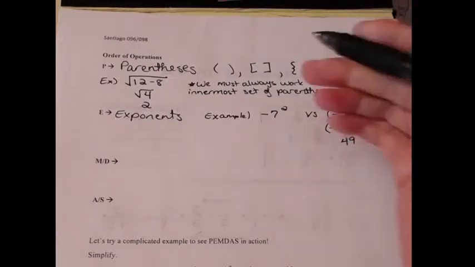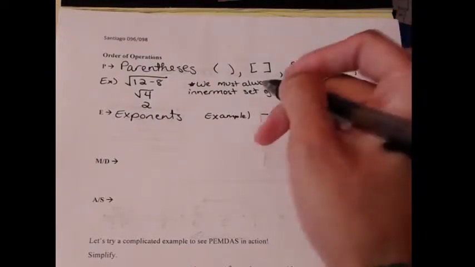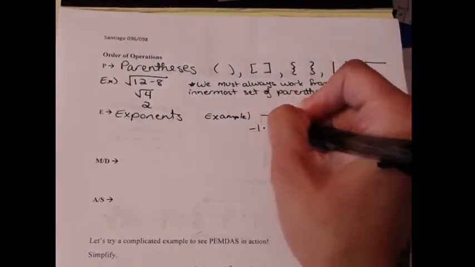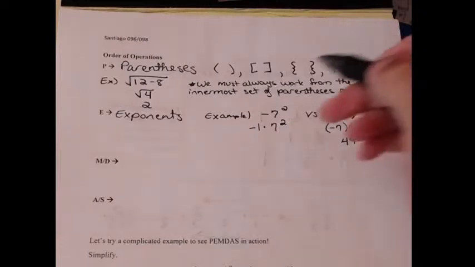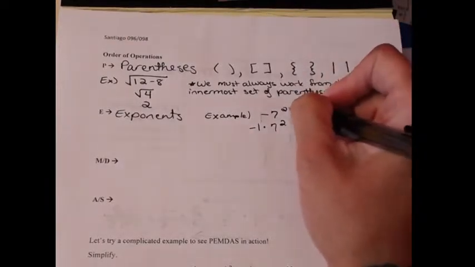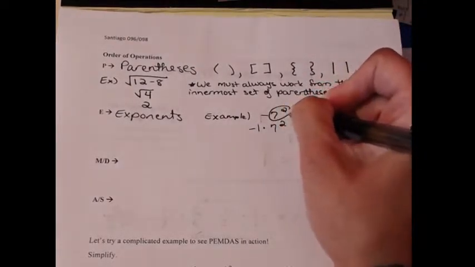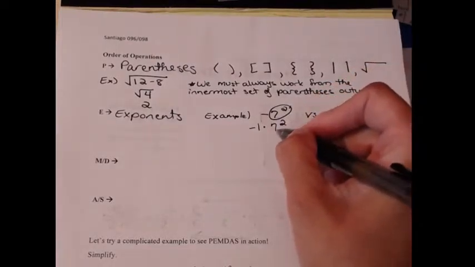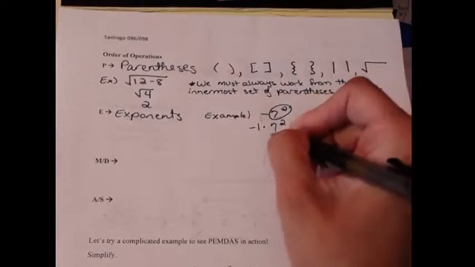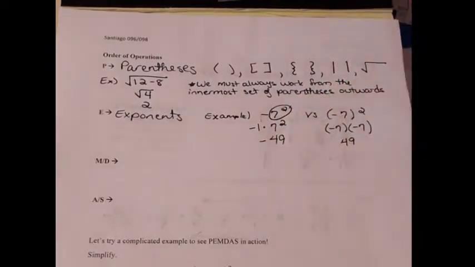That negative is almost like saying negative 1 times 7 squared. That's essentially what that expression says. So what may help is drawing a circle around the exponent and its respective base. You're going to take that 7 squared, evaluate it, and then bring that negative down, just like we did when we evaluated the absolute value expressions from last class. Okay? So keep that in mind.